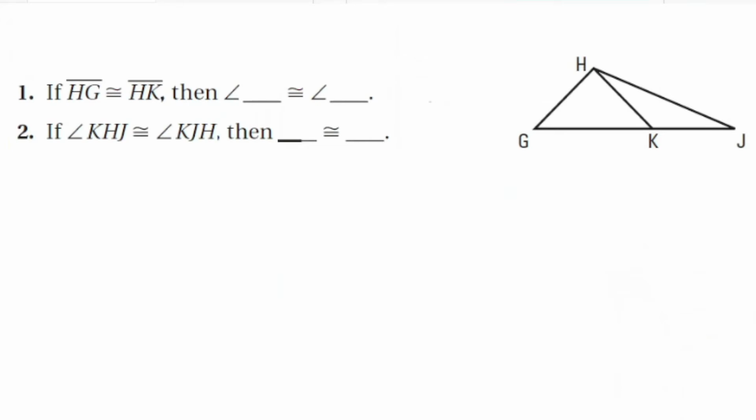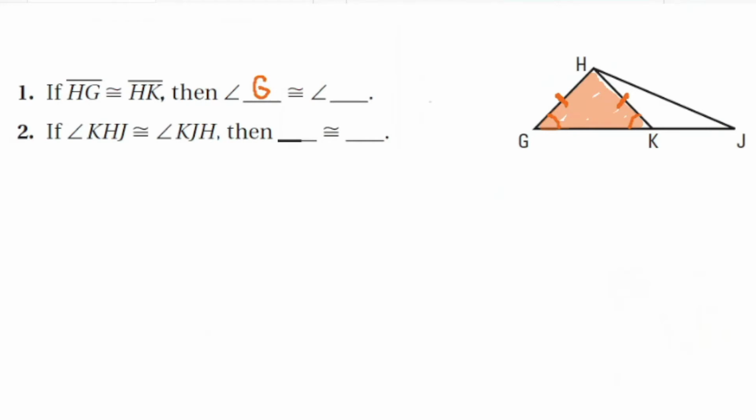Let's try this out on an example. So this first one says if HG is congruent to HK. Let's find that on the diagram. HG is congruent to HK. So I think they're telling me that this triangle right here is isosceles, right? So if I use the base angles theorem, then I can say that this angle G and this angle K are congruent to each other.